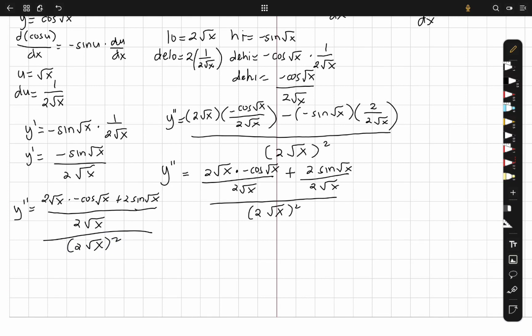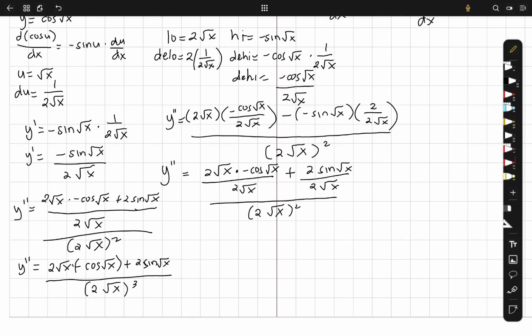Just like earlier with our complex fraction, we have AD all over BC. That is how we simplify that complex fraction. So therefore, we could say that y double prime is equal to 2 square root of x multiplied by negative cosine square root of x plus 2 sine square root of x, all over 2 square root of x raised to 3.